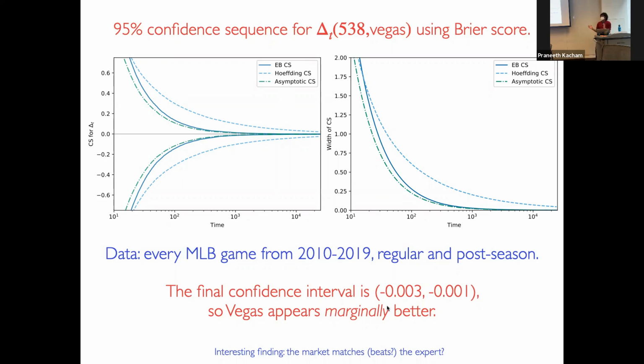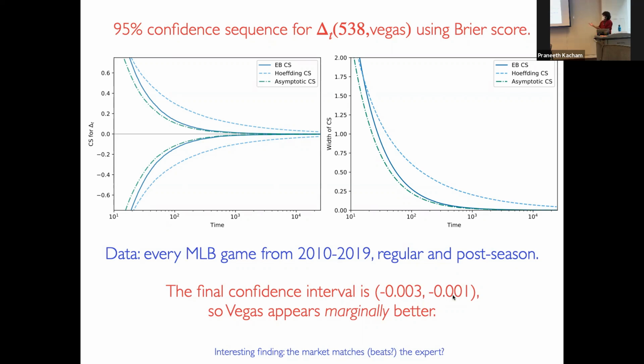Turns out that the final confidence interval is not the final one; there's no final one, it keeps going on. But at the right end of this plot, at the end of 2019, that confidence interval looks like minus 0.03 to minus 0.01. So it appears that Vegas is marginally better than 538. It isn't really about this plot, that's not what the story was about anyway.